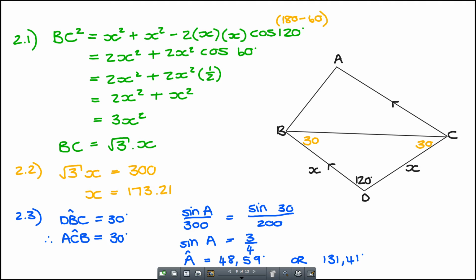Angles of a triangle. And then what she did is she used sine 120 over BC is equal to sine 30 over x. And then she got to the same thing. So you could even have used that.